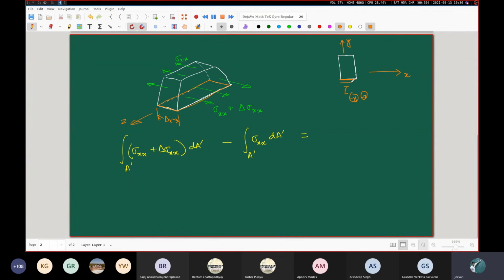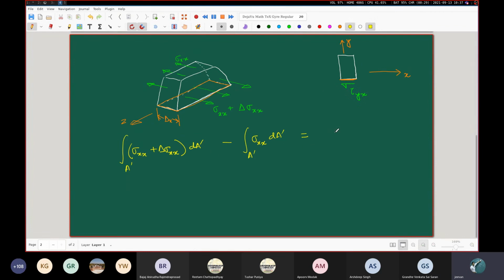Minus x means the arrow should be pointing like this. This is the direction of my shear stress, tau yx.